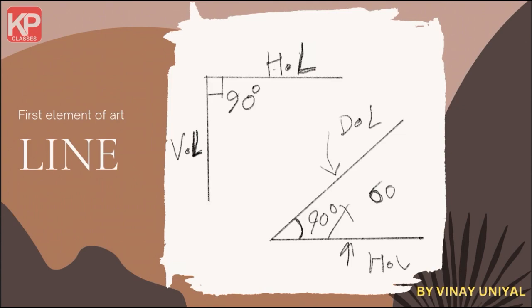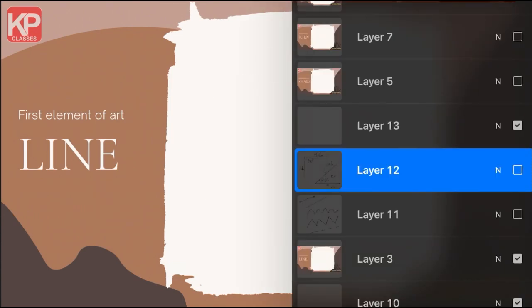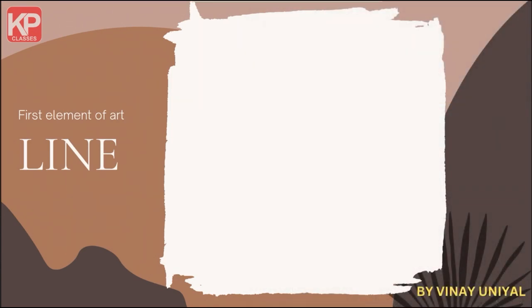Okay, now we'll discuss more about lines. For example, if I want to make a zigzag line, what I'm going to do here is make a diagonal line like this. Again, one more diagonal line in a different direction, one more diagonal line like this.